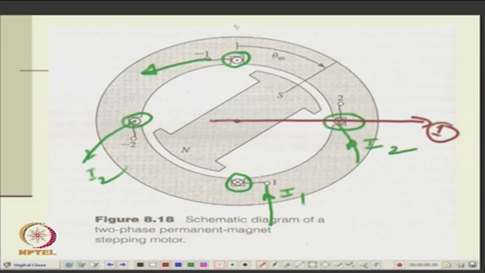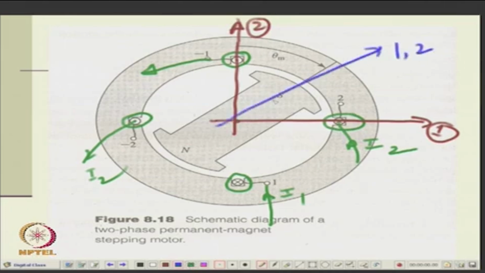If you excite 2, right, excite 1 and 2, it can be somewhere here, no, 1 2, right. And you can reverse the direction also. So, you can create the fields appropriately. Okay.